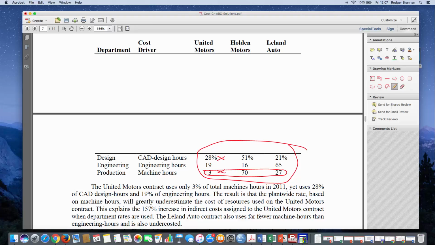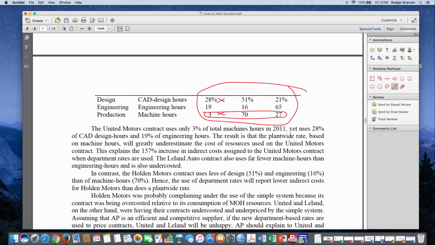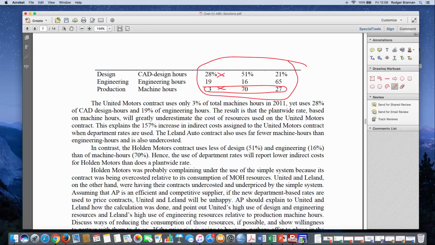So the plant-wide approach really doesn't work well in allocating a number of different costs that simply don't behave in the same manner. Activity-based costing is generally considered to be more accurate. It's more expensive, and it may not always be appropriate, but it's always going to be considered the more accurate measure, simply because you're associating cost with an activity which seems to cause that particular cost.